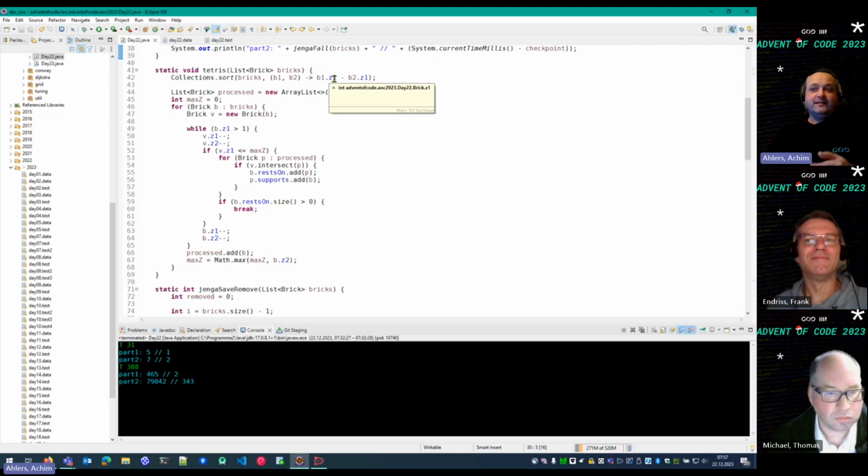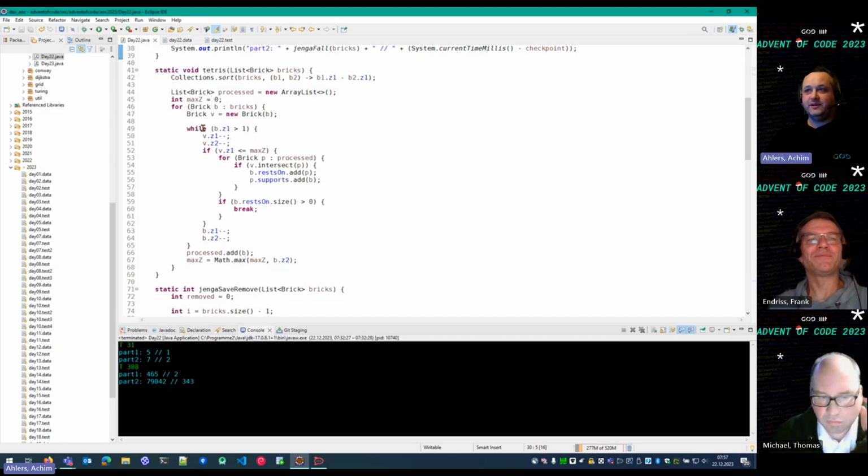The things that haven't landed yet are still dropping down, removing the z coordinate. I'm starting with the lowest and putting them on the ground. Z0 is the ground level itself, so the lowest brick has to lie at level 1.